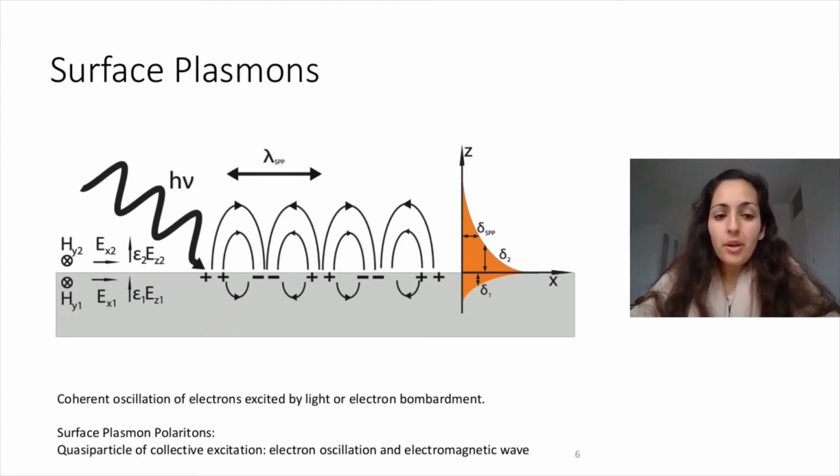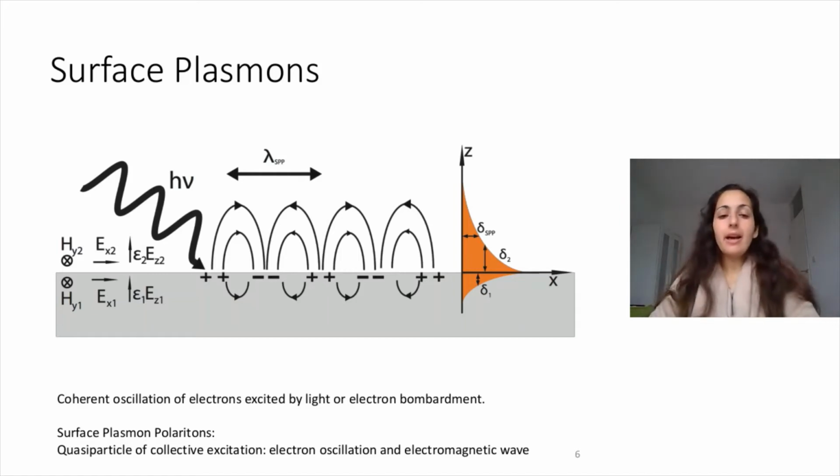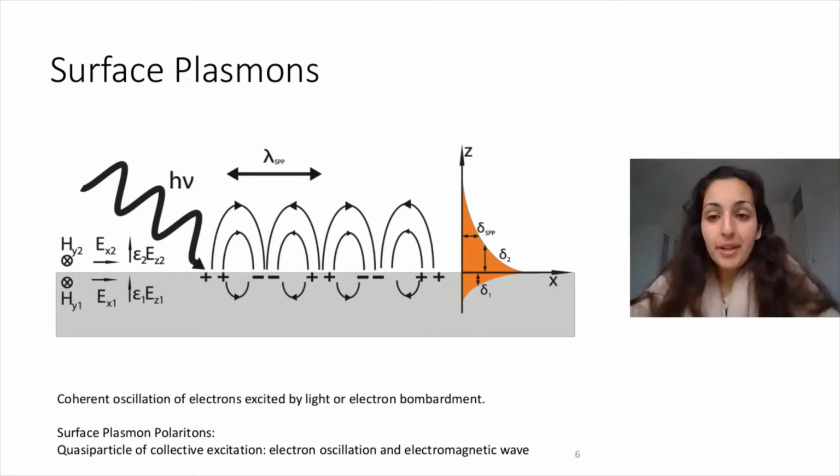Are they also evanescent along the x direction? That is an excellent question. The answer is no. They are not evanescent along the x direction because they can propagate along the x direction. It turns out, though, and that's something we will look at in two slides, that this propagation in the x direction can potentially be quite slow.